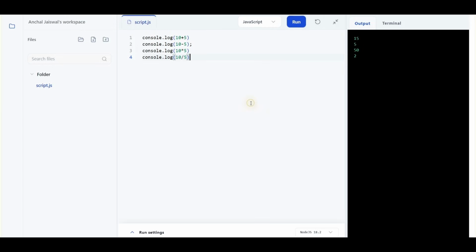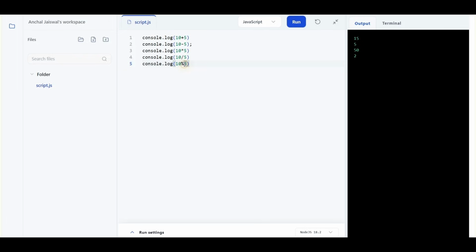Now we have an operator that is slightly different, the remainder operator, represented by the modulo symbol. At first, this symbol might look a little confusing, so instead of just memorizing it, let's understand what it actually does. Here we are dividing 10 by 3. 3 goes into 10 3 times, which gives us 9.